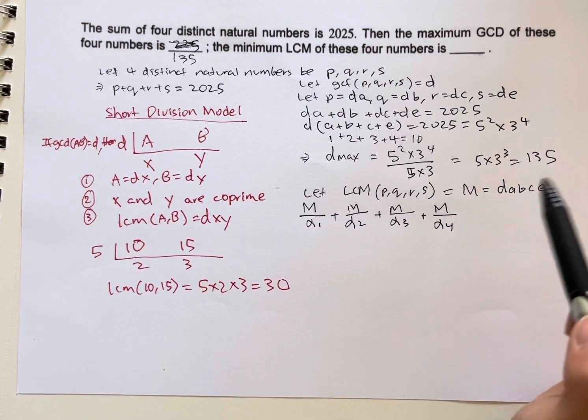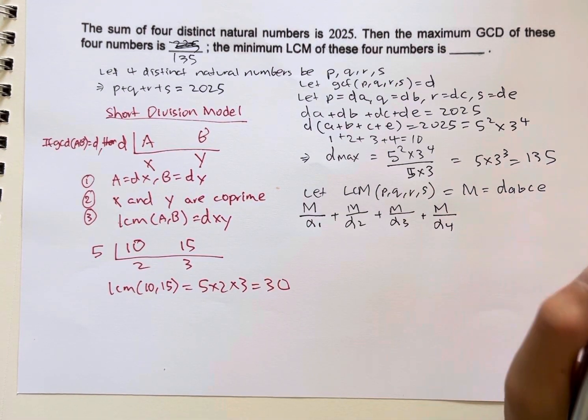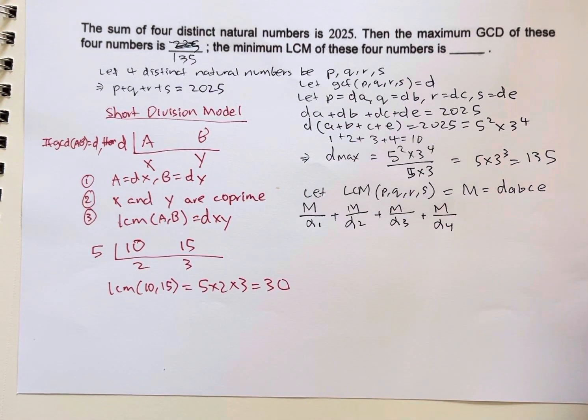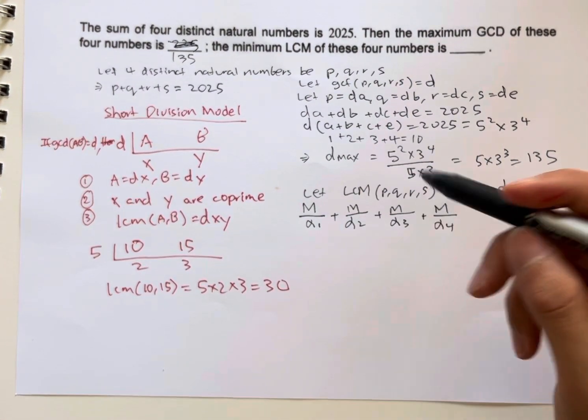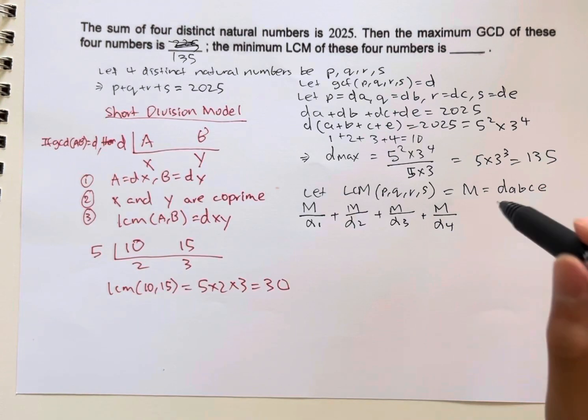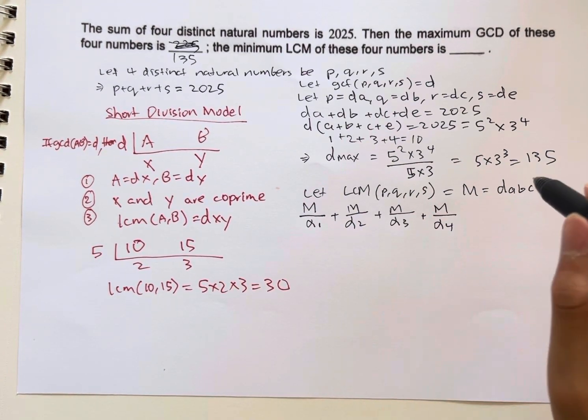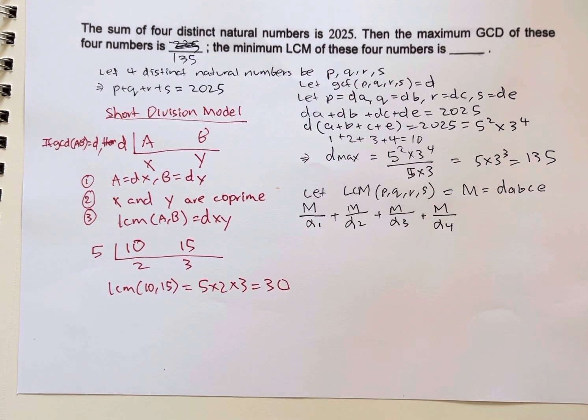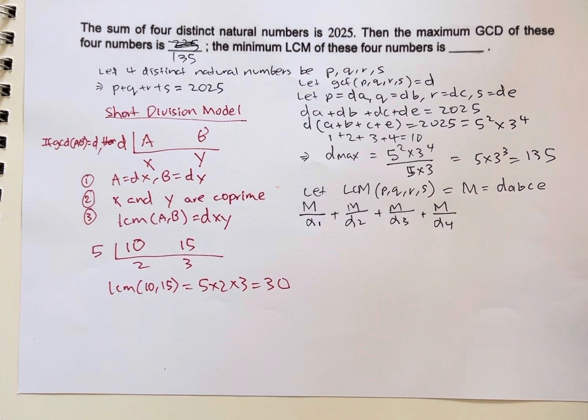We can do this because we are sure that P is a factor of M, obviously because M is the LCM. So P times alpha 1 equals M, Q times alpha 2 equals M, R times alpha 3 equals M, and S times alpha 4 equals M.